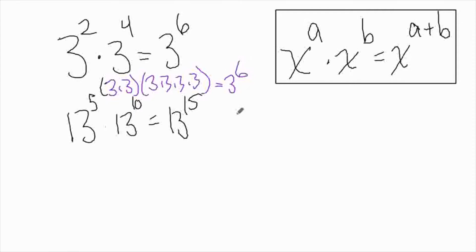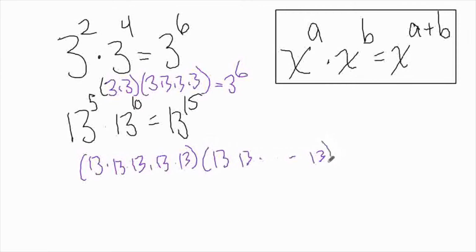So the exponent tells you how many are multiplied together, so you add those. That's the total number that are multiplied together. Likewise, with the 13's, you have 5 13's, and then the other one would give you 10 13's. So 5 and 10, so clearly the total is 15. All right, so that's the product rule of exponents.